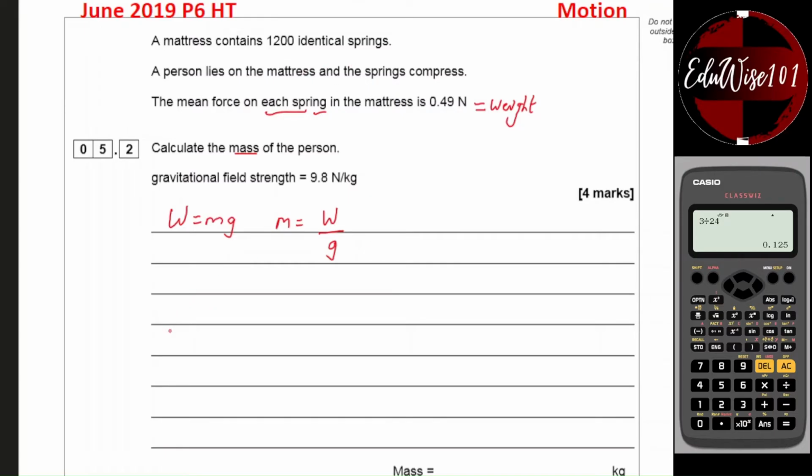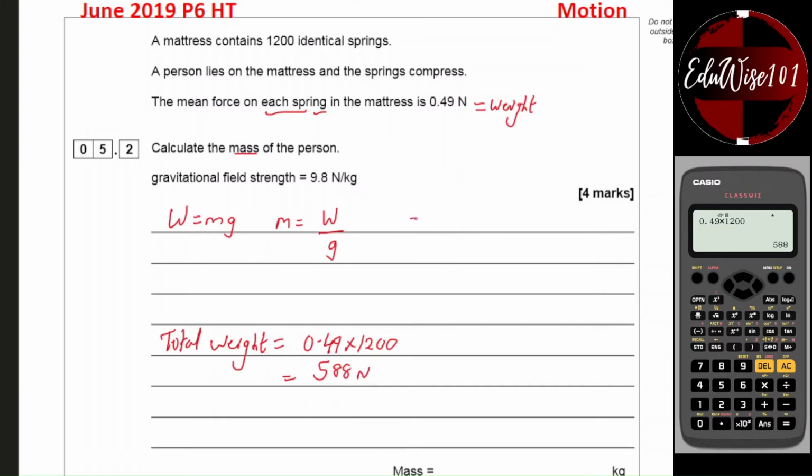So total weight, if I work this out, total weight equals 0.49 multiplied by 1,200. That should give me 0.49 times 1,200 gives me 588 newtons. So 588 Newton.